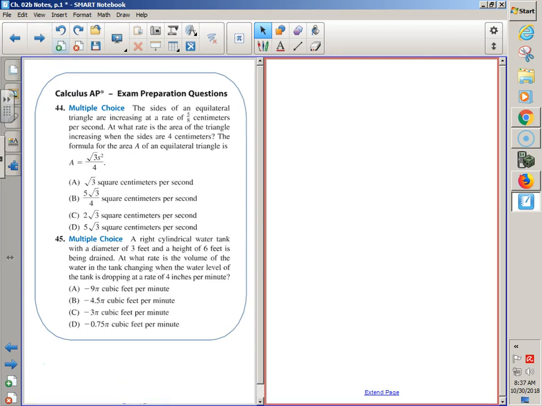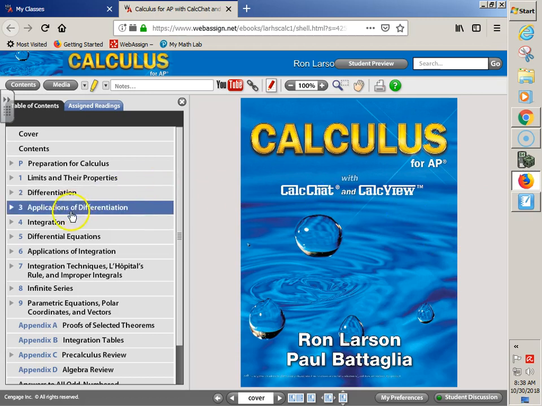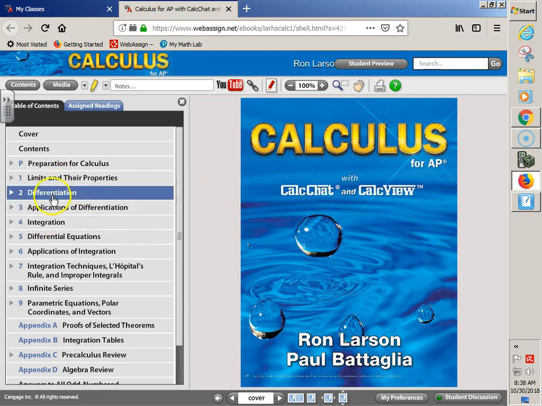Number 44, the area of an equilateral triangle. Is this a formula we know off the top of our heads? No, which is why they gave it to us. The AP is kind of nice sometimes, because that's a really abstract, random formula.